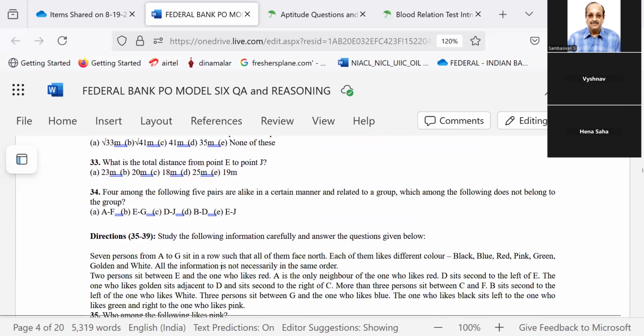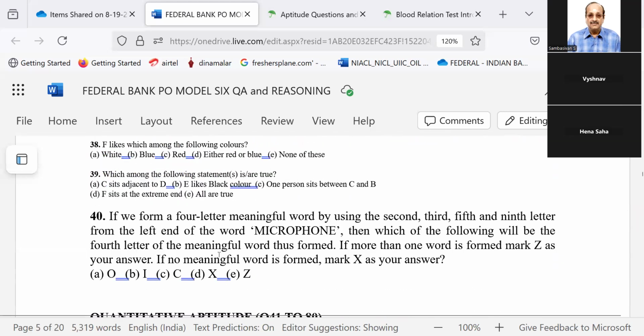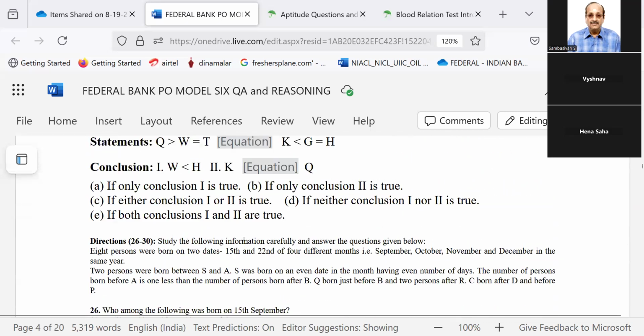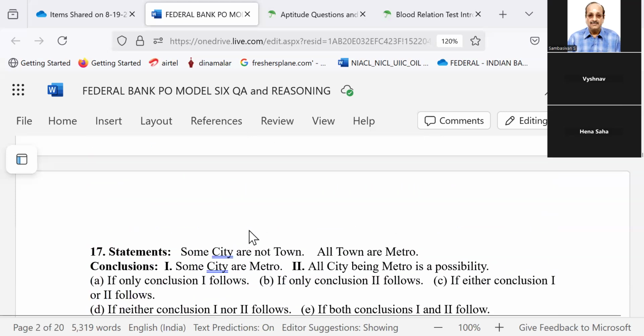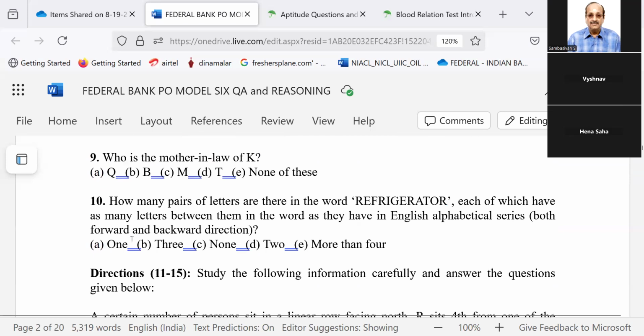This is direction. And again puzzle. That's all. Only this many things. But there is one thing known as syllogism that will also come. This type of question we have done earlier. Let us see whether you are able to do this.